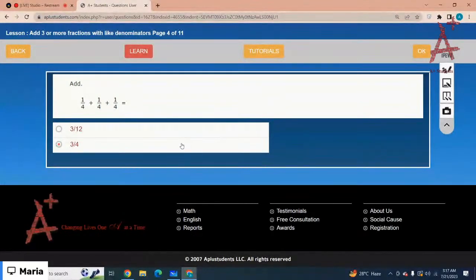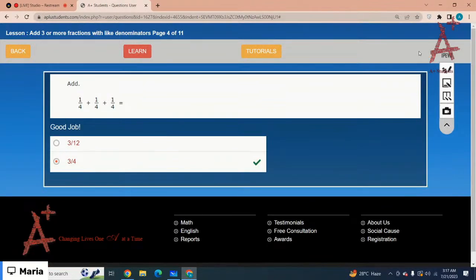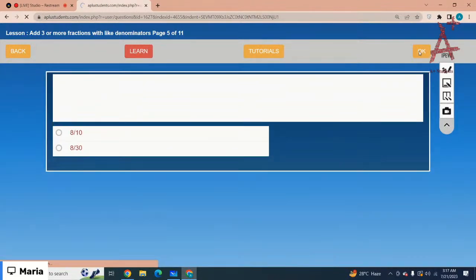The correct option is 3D. The important point is you don't have to do anything with the denominator. You simply have to add the numerators. Got it? Just add numerators, not denominators. So it is 3 over 4.